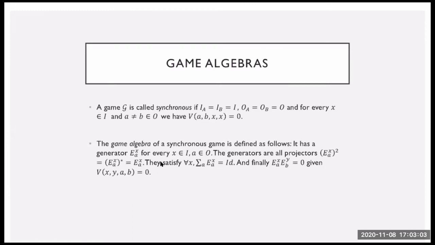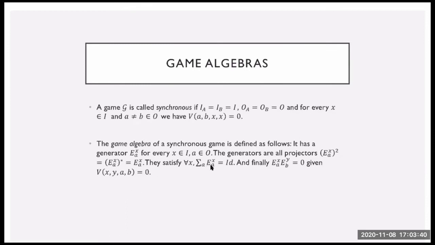Okay, great. Now we can define for a synchronous game the game algebra of it. Okay, so how do we do that? We need generators and relators, right? So our generators will be just for any question and answer, we have a single generator, okay? And the generators are all projectors, so they are projective operators, they are the square of themselves and they are self-conjugate.